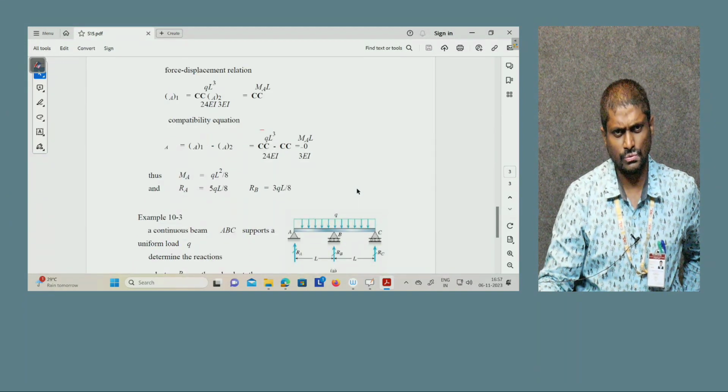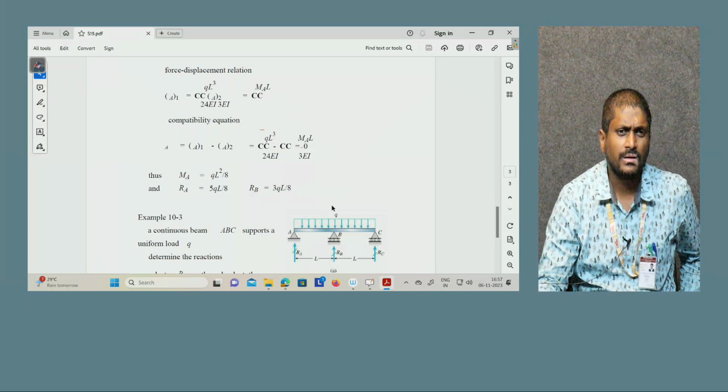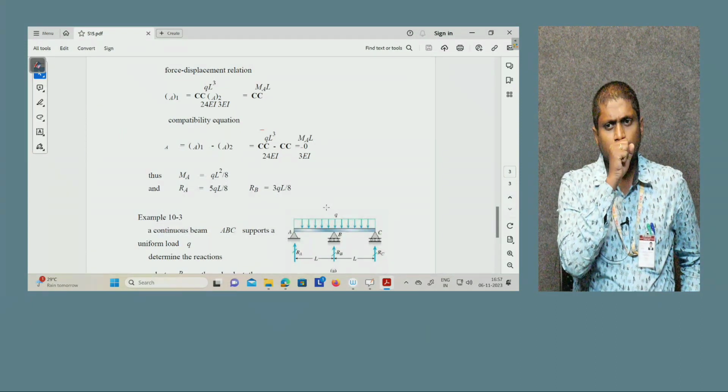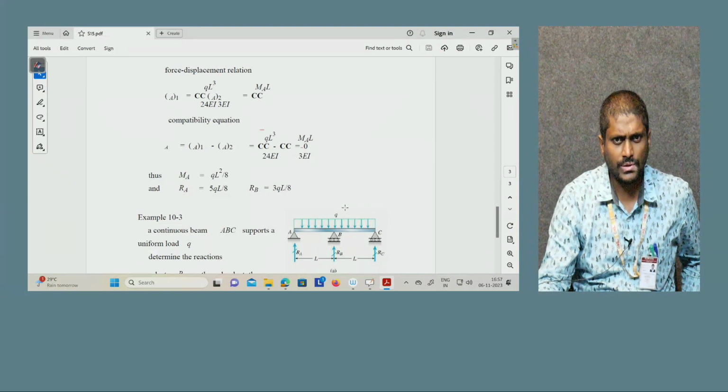Thus MA equals qL square by 8 and RA equals 5qL by 8. RB equals 3qL by 8.